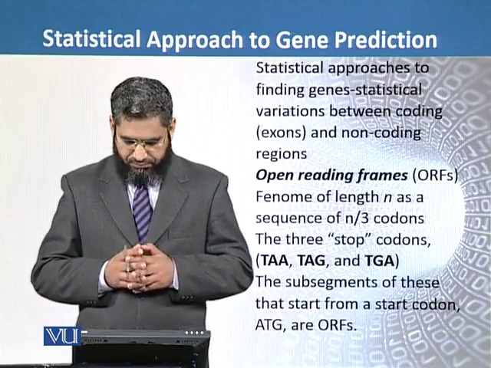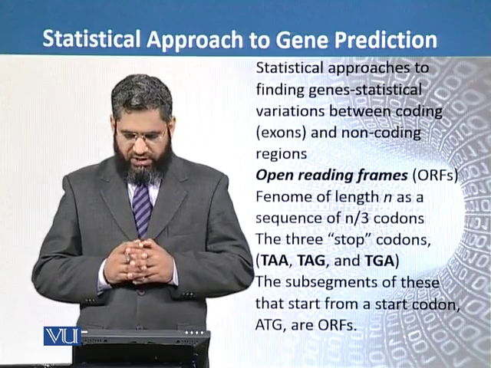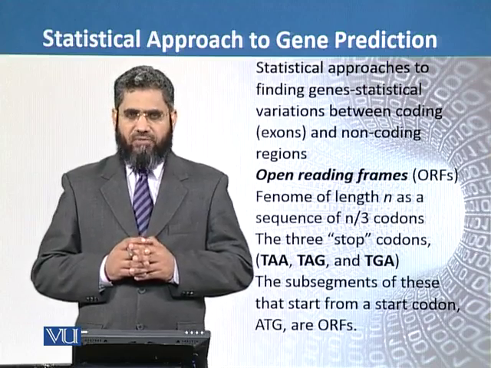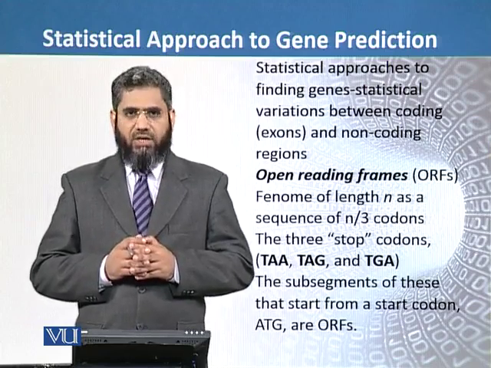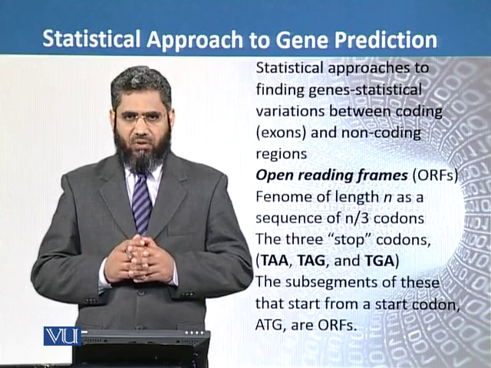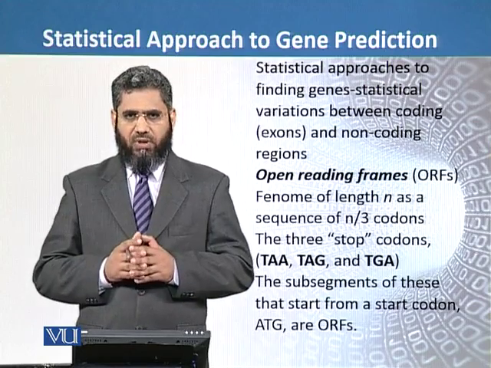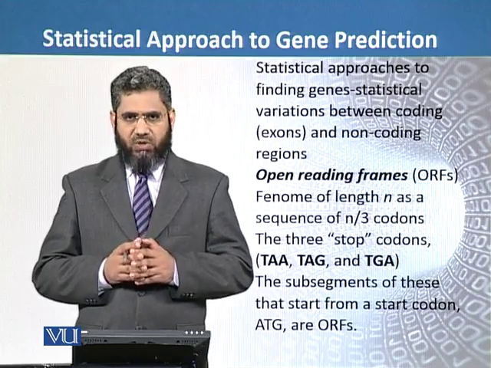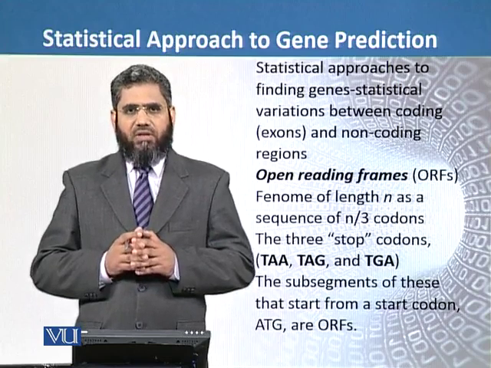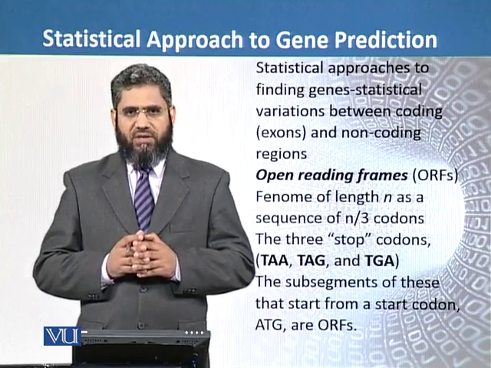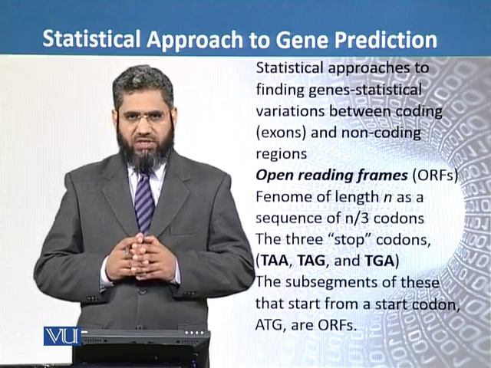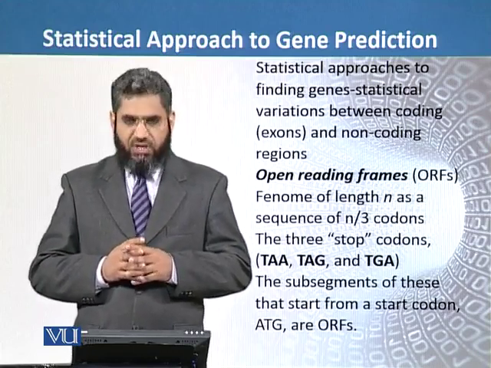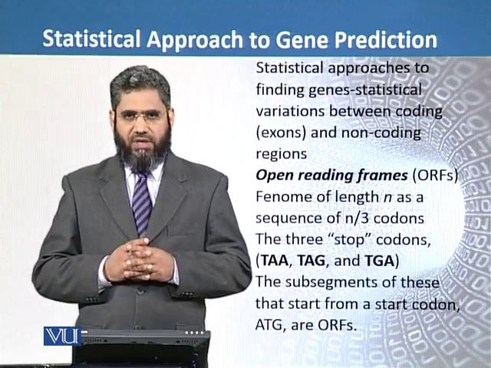If we assume that the length of the genome is n, we get the different sequences within the genome by dividing n by 3, because we know that there are 3 stop codons present in the sequences of the genes, and these stop codons are TAA, TAG and TGA.